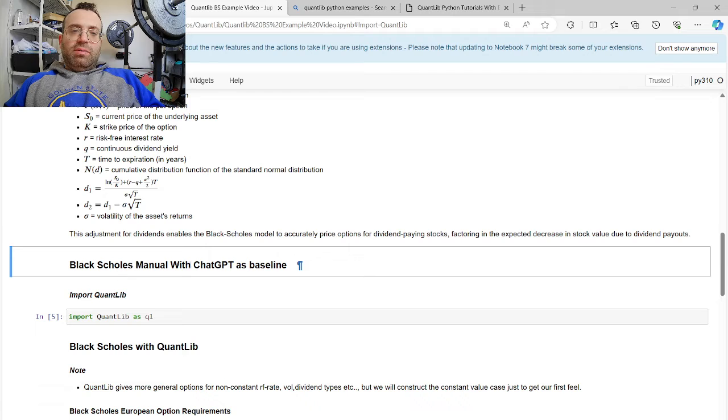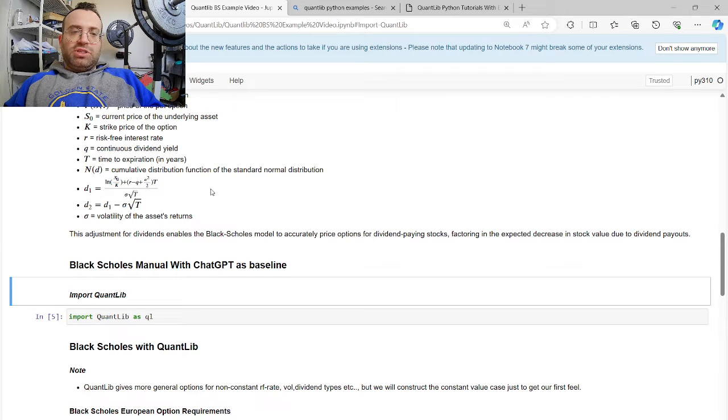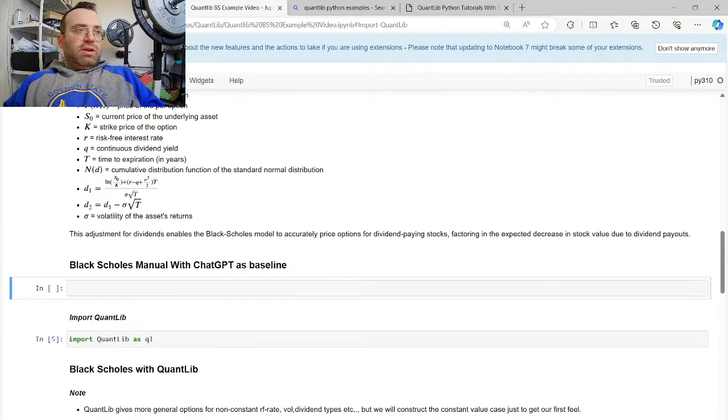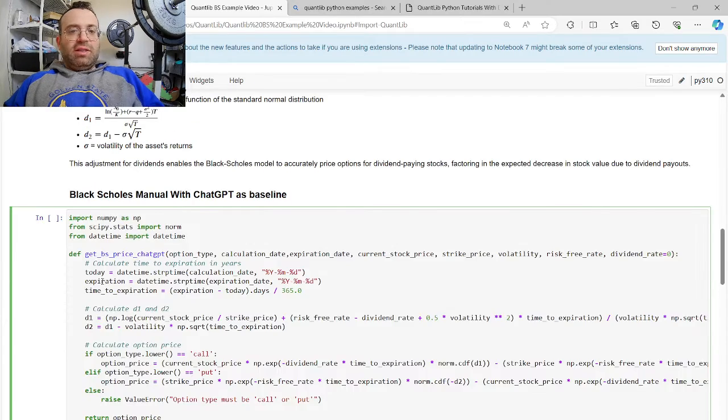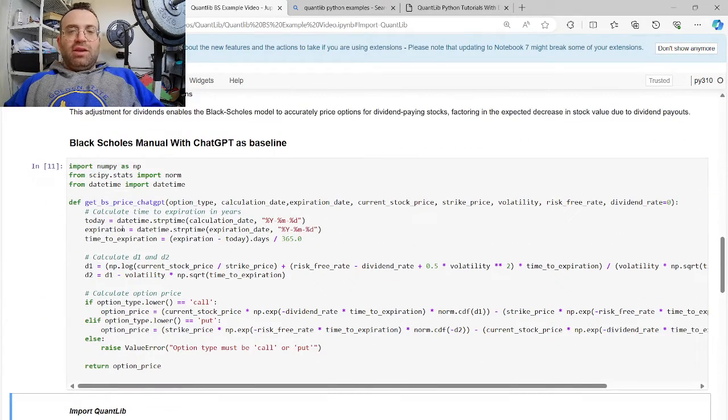So manually, this is the manual ChatGPT version. We can calculate the option price. If you go to ChatGPT and ask it to give you a function for call and put options, it'll give you some function, and you copy and paste.